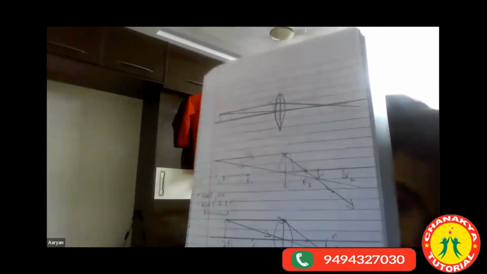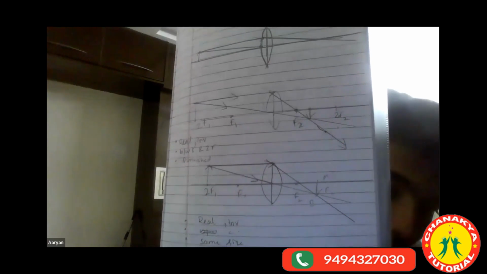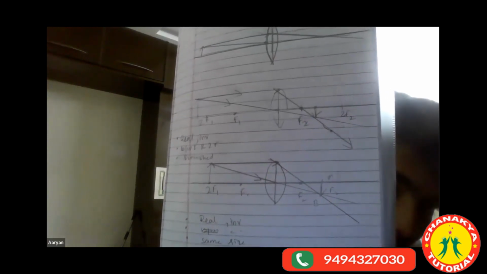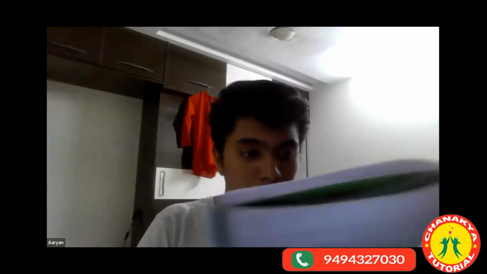Okay, sir. From next time you have to correct these diagrams as homework and redraw them. I observe that your focal lengths are not the same. On the left hand side and on the right hand side, your focal lengths are different, and that is why you are not getting a correct ray diagram. Okay, sir. Thank you.